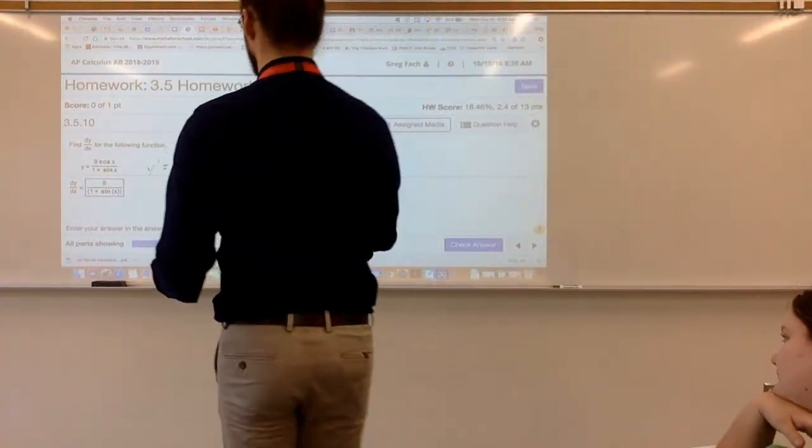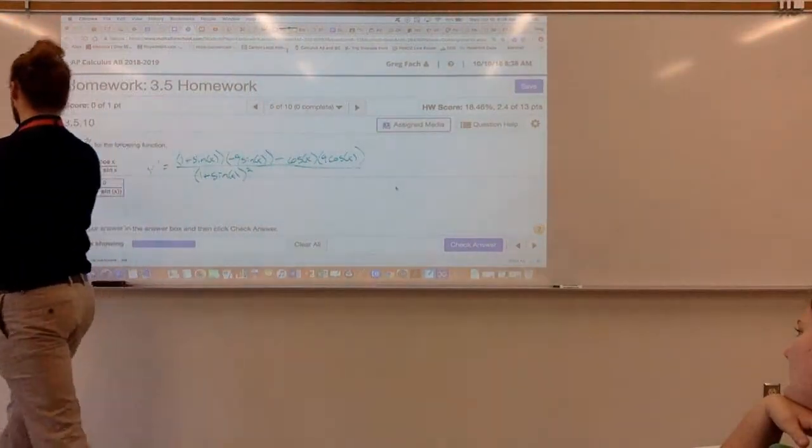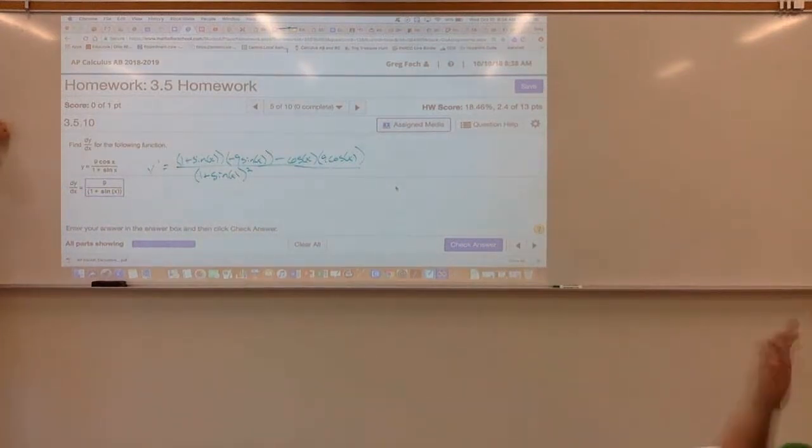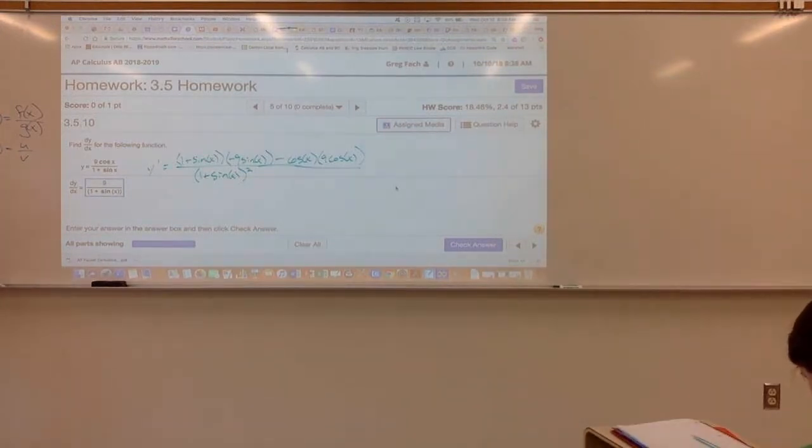So that's just another way of denoting functions. We've always said we defined some function to be f of x over g of x. They're just defining those functions to be u and v instead of f of x and g of x. Just another way of writing functions.